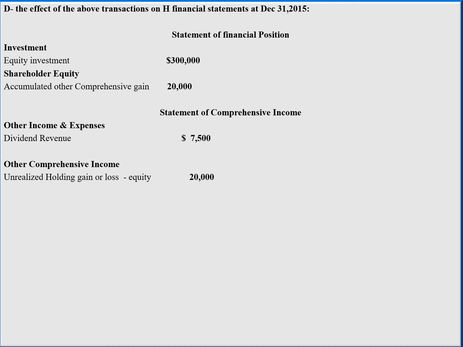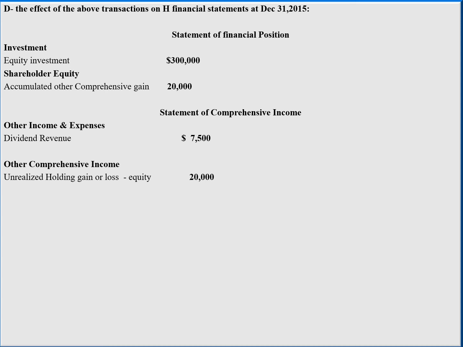Under other comprehensive income هيظهر عندي شباب ال unrealized holding gain or loss equity.